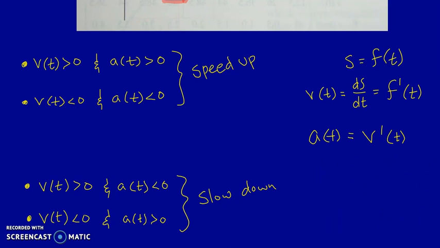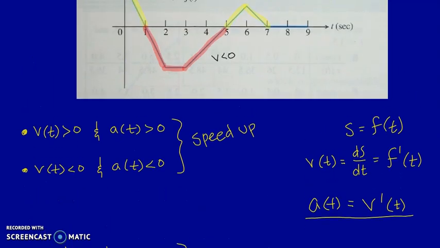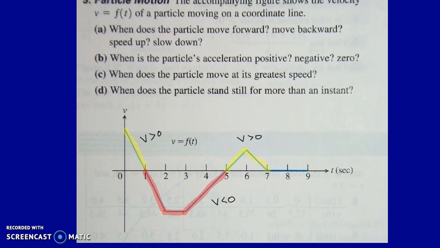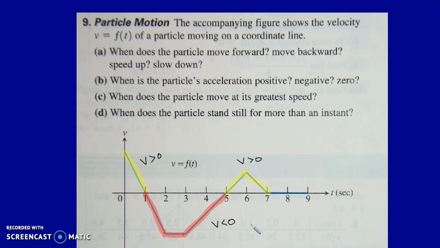Right now, I want to make a point that acceleration is the derivative of velocity. So if I look back at my graph for velocity, I can easily get acceleration. Now that I know that acceleration is the derivative of velocity, I can easily get information for acceleration by looking at the slope of this graph.